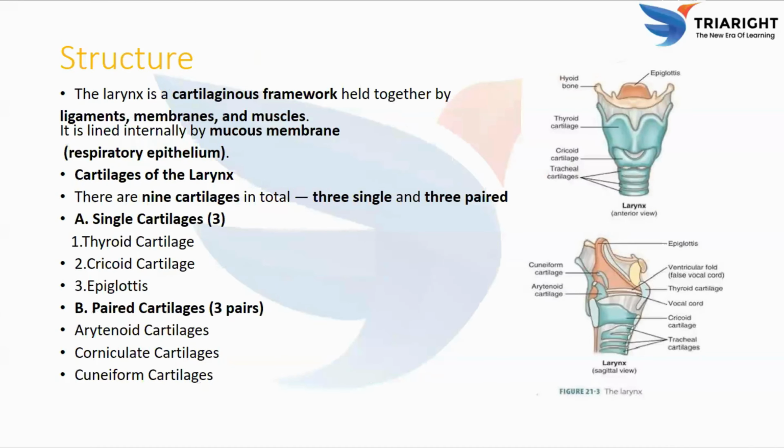So what is the structure of the larynx? It is made up of a cartilaginous framework, formed with multiple cartilages. These cartilages are held together by ligaments, membranes and muscles, which give the larynx its shape and allow movement during breathing, swallowing and speaking.